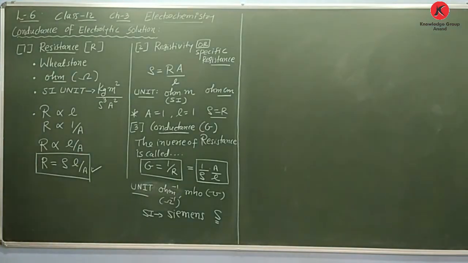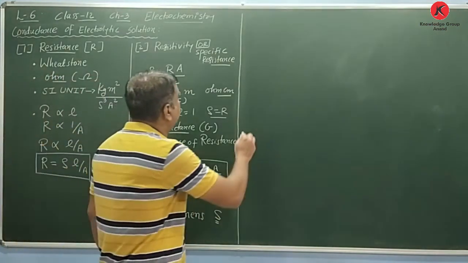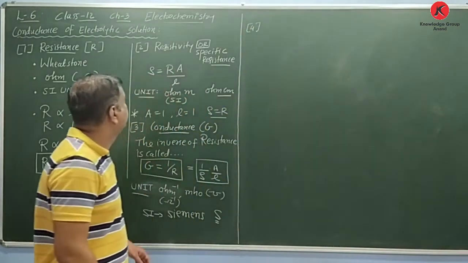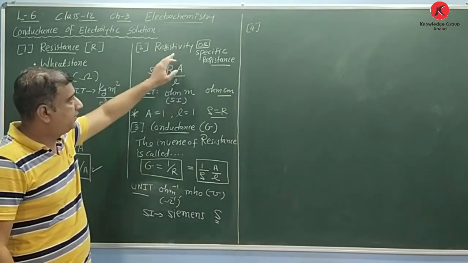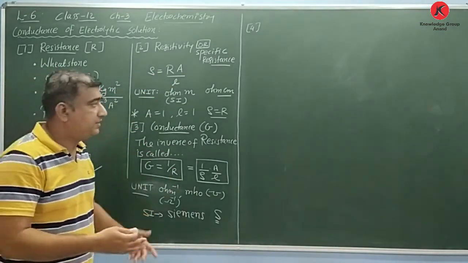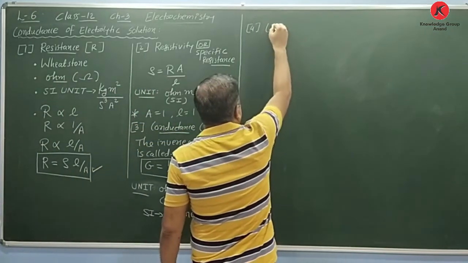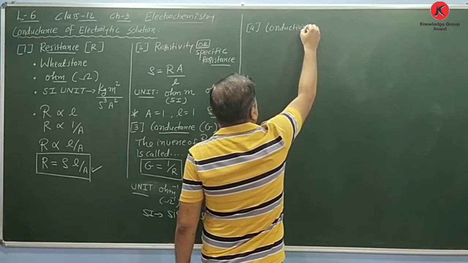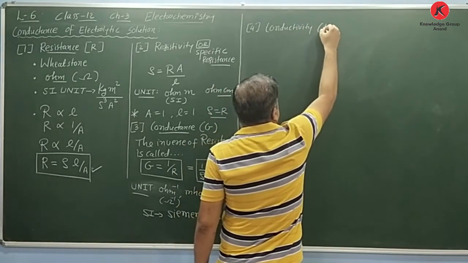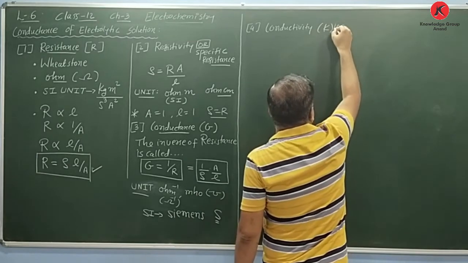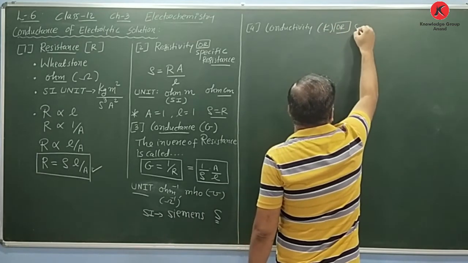Now, the fourth important term is here resistivity. The inverse of resistivity is conductivity. Conductivity symbol is kappa. Otherwise, it is also known as specific conductance.